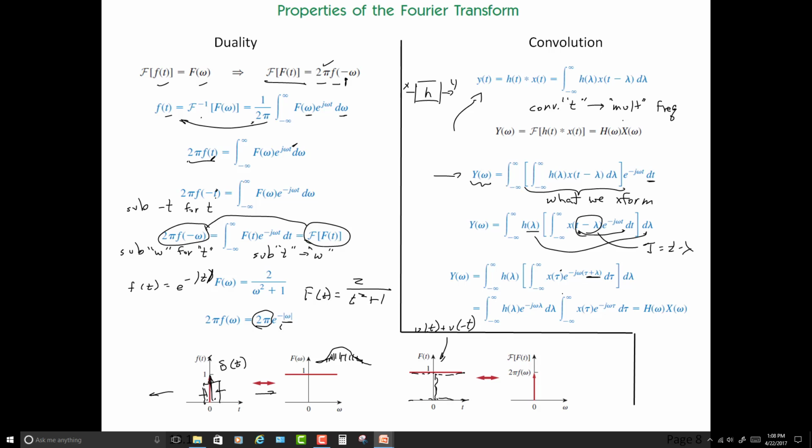That's good. And now just following through the math, we end up with all of this. Inside, we have two independent integrals, the product of two independent integrals. H times e to the j omega lambda, d lambda, and integrate that.